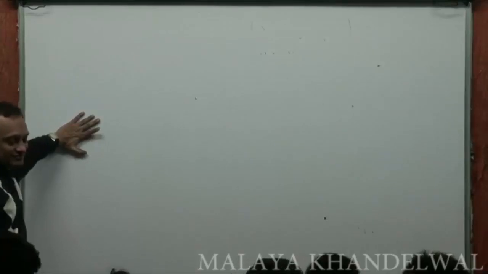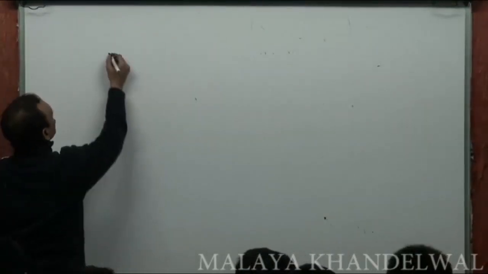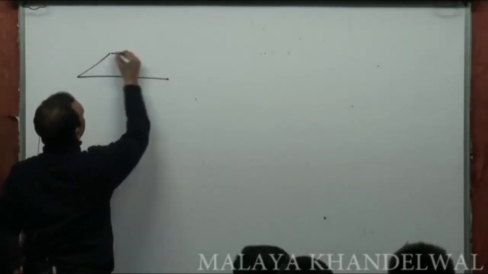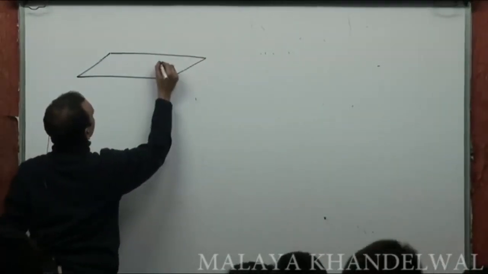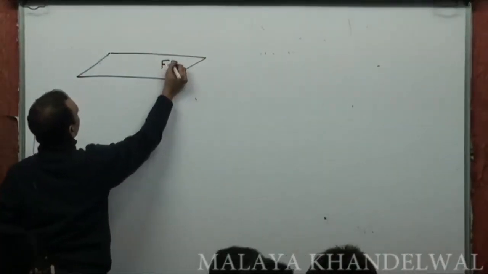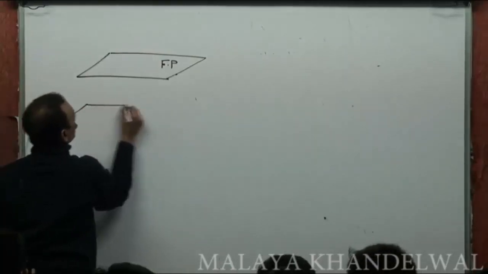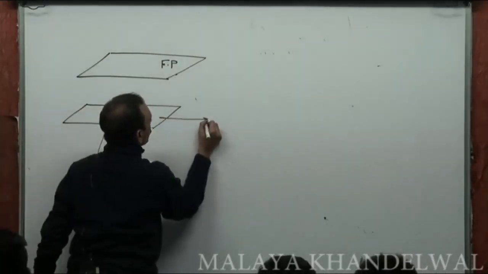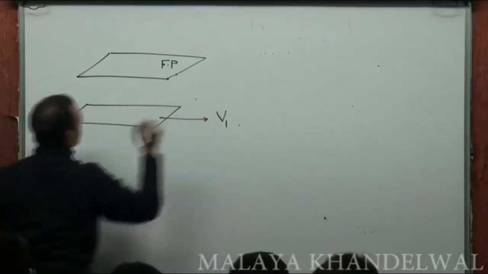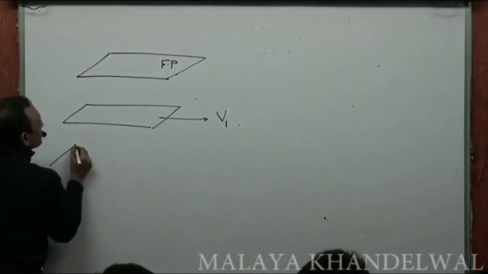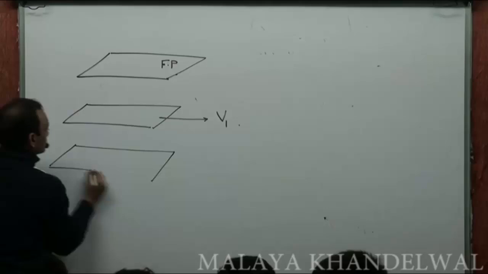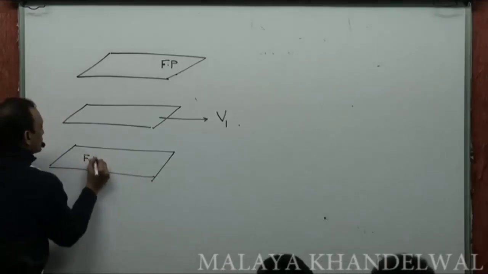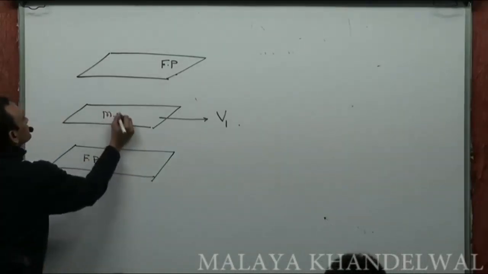Suppose there is a fixed plate here, FP. There is a movable plate here, and it has to be moved with a velocity v1. And there is another fixed plate here. This is a moving plate.